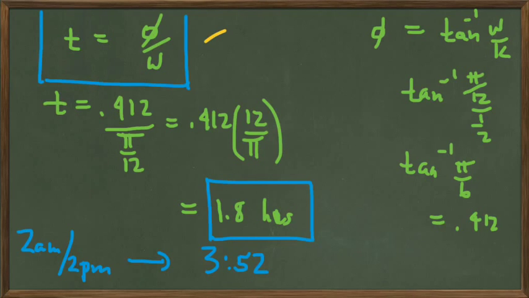The calculation of the time shift, phi over omega, is first done by calculating phi, tan inverse of omega over k, dividing that by omega, which is pi over 12, and here we got the time shift of 1.8 hours.